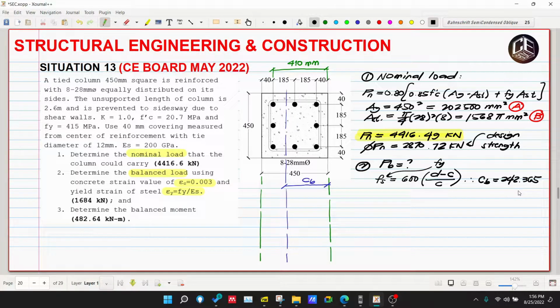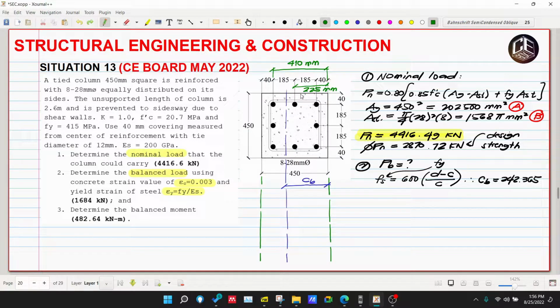Okay, so kung 242 to, lagpas ba tayo rito? 185 plus 40 is okay, so 225 millimeters. So, lagpas tayo rito sa gitna, no? So, ibig sabihin, itong steel bars na to, at ito ay sakop or hindi pa pala tayo sure.